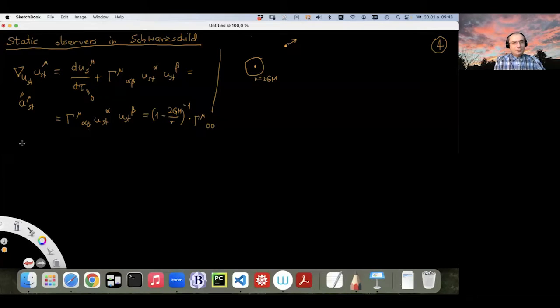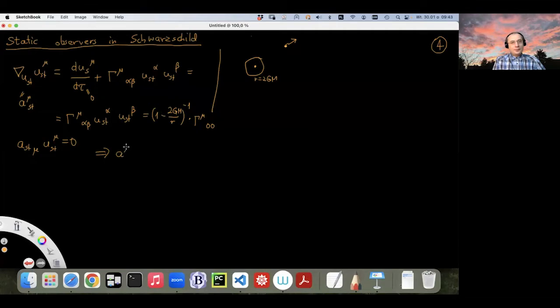So what is left is just the time-like component in the t direction or the radial component. But we know from the elementary part of the relativity course, I think the first or second lecture, that this acceleration vector has to be orthogonal to u itself. But that means that there is no time-like component of this acceleration vector allowed either, because u has a non-vanishing time component and nothing else, so this product will not be zero.